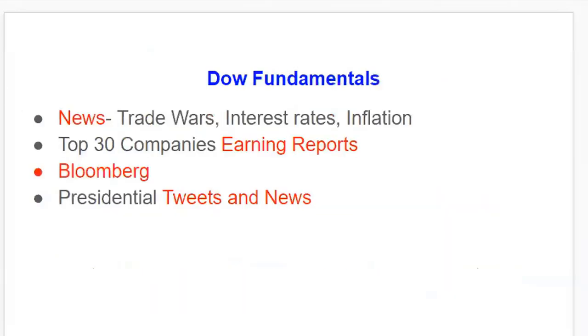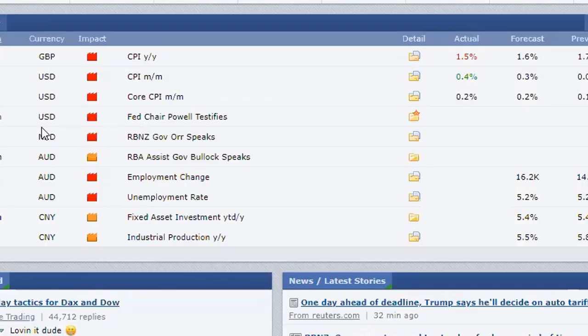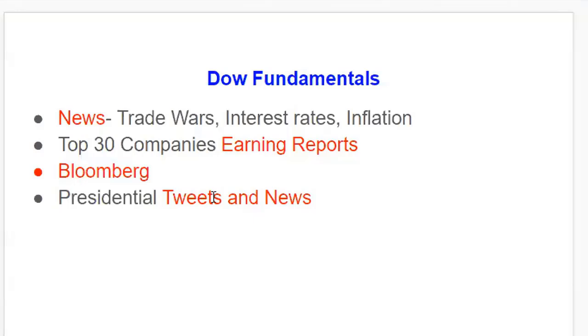All right. Now, here are a couple of things that really affect US30. News. For example, recently the talk about the trade tariffs has had a huge impact on indices. Interest rates, anything that has to do with the US interest rates or the economy, unemployment rate, all that stuff affects indices, more specifically US30, NAS 100, and SPS 500.